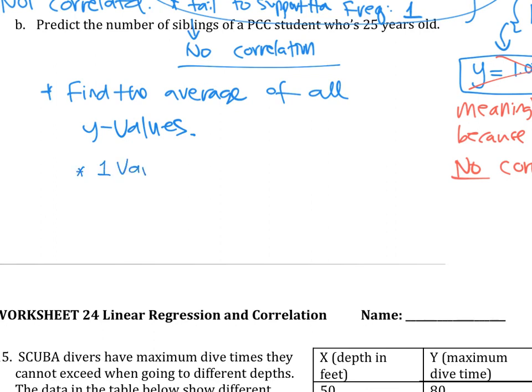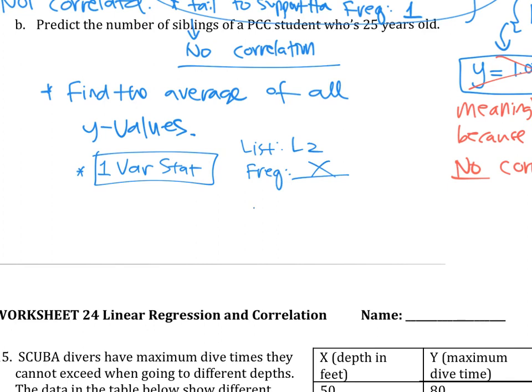Once you go there, it'll ask for the list. It's going to be L2, and the frequency is going to be nothing, so just leave it blank. Then it'll calculate the average for you. It gives you x bar, but here I'm going to use y bar because it's y. It's 4.9. So I can say the average person has 4.9 siblings.